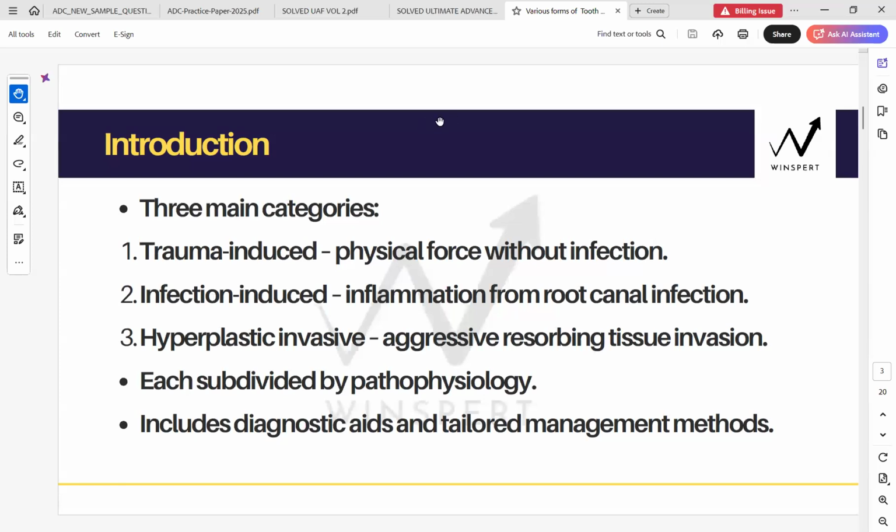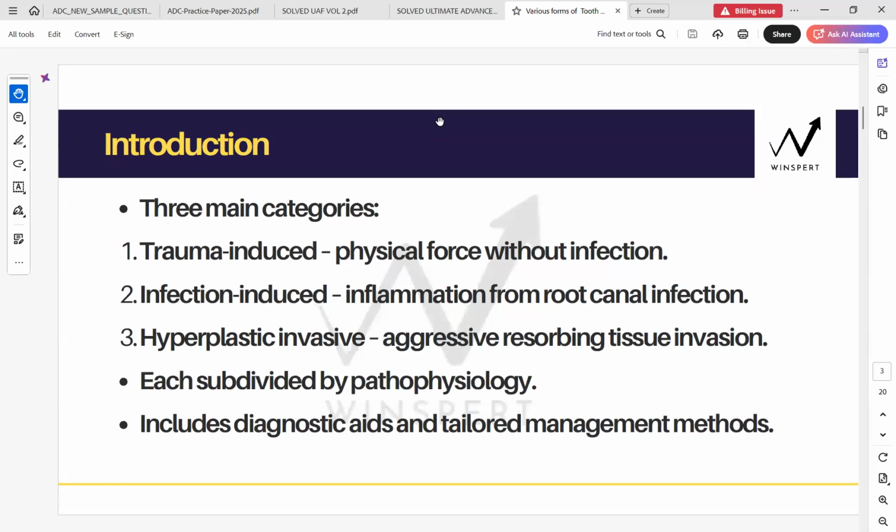Now the infection induced, which is now the chemical or the bacterial biological trauma, which causes inflammation in the periapical area within the canal also. So infection induced resorption also we'll discuss. Then there would be hyperplastic kinds, which is aggressive and which is invasive, right?